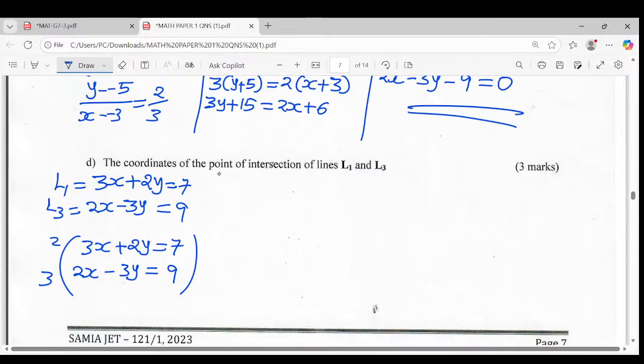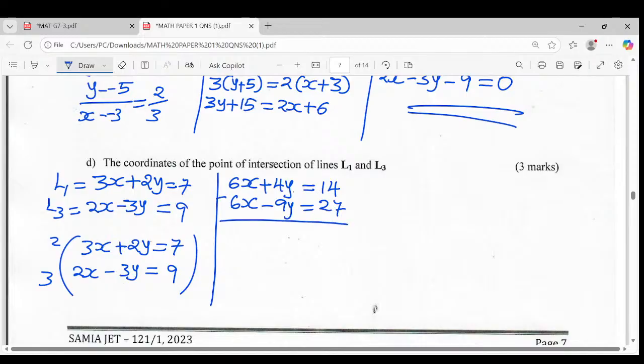Upon doing that, I'm now going to have 6x. 2 times 2y will be plus 4y, equivalent to 14. Then 3 times 2x, that will be 6x. 3 times -3y will be minus 9y, being equivalent to 3 times 9 is 27. Then when you do subtraction, x will disappear.